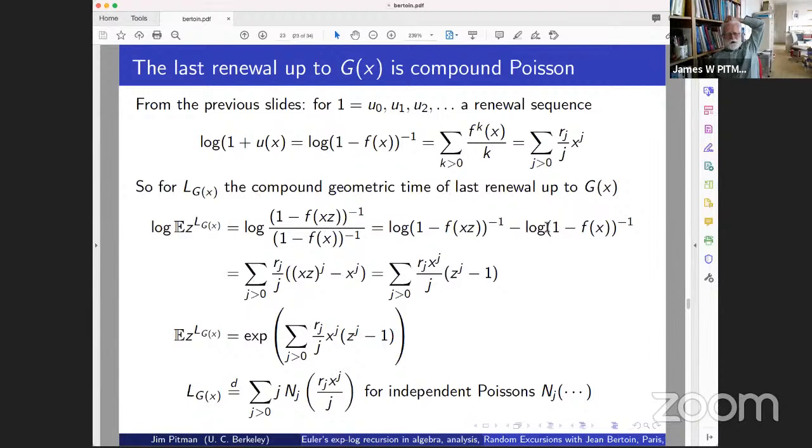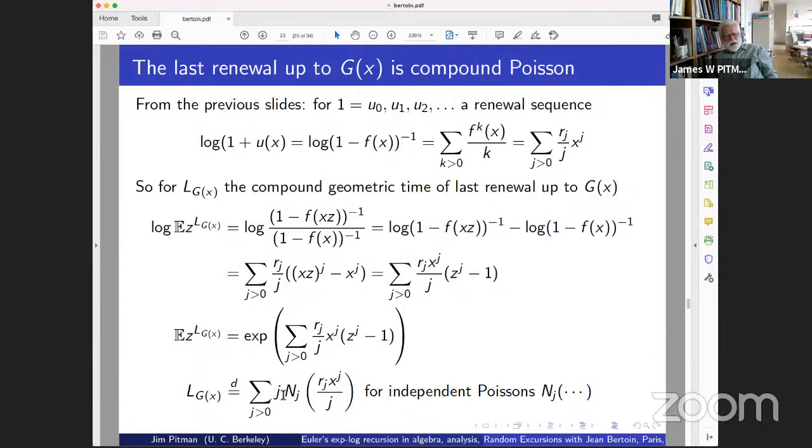That's a difference of logs. Expand each side, and suddenly you are looking at what any probabilist will recognize as the generating function of a compound Poisson, with the explicit representation that this last renewal up to an independent geometric time exactly has the distribution of a weighted sum of Poisson variables.